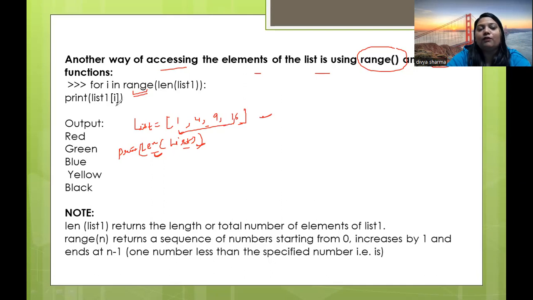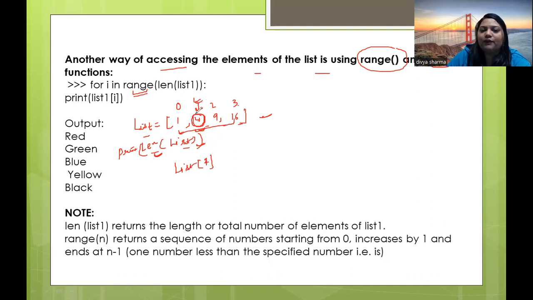Print list of i, which means that i is basically the index value of the element. Suppose I want to print 4. The index value always starts from 0, 1, 2, 3. So the index value of 4 is basically 1, right? So if I want to access this element, how can I write it? List of 1, not list of 2.